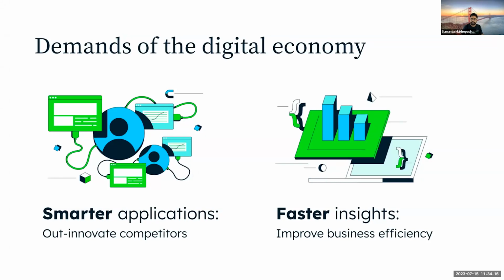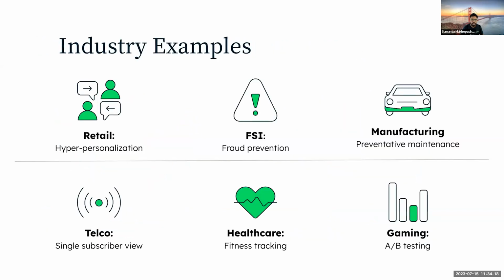Moving to the next slide, these are the industry examples where we can majorly solve our use cases: retail, FSI, manufacturing, telco, healthcare, and gaming. These are the major examples where we can use it in two ways, either keeping the data, or keeping the data as well as analysis on top of it.